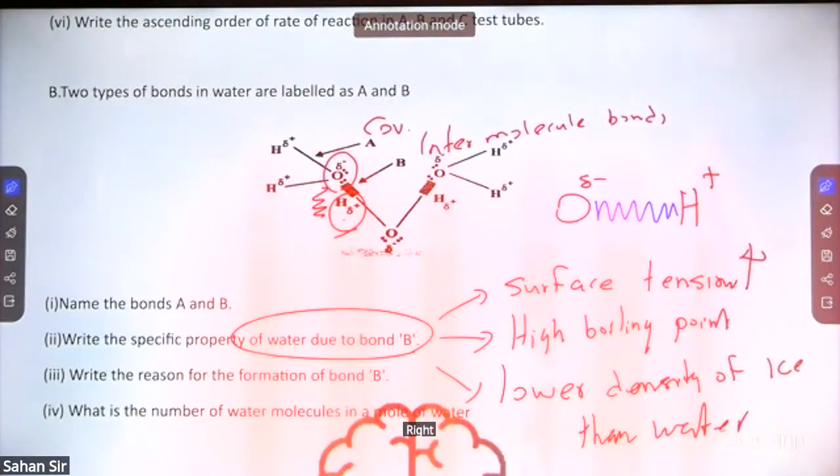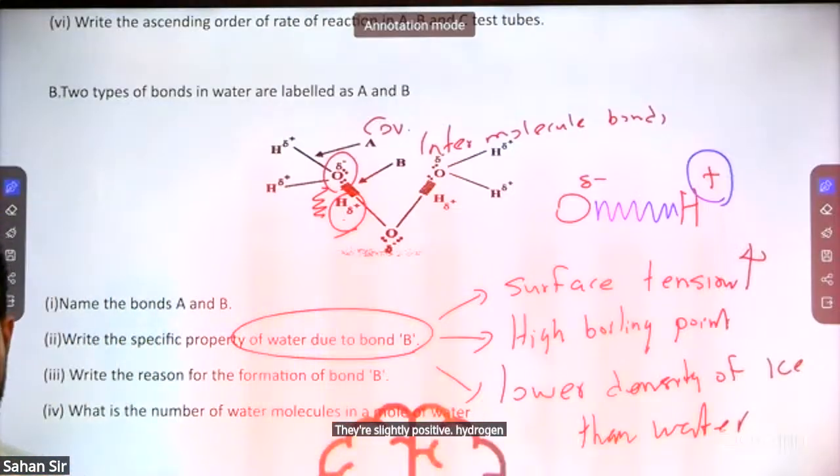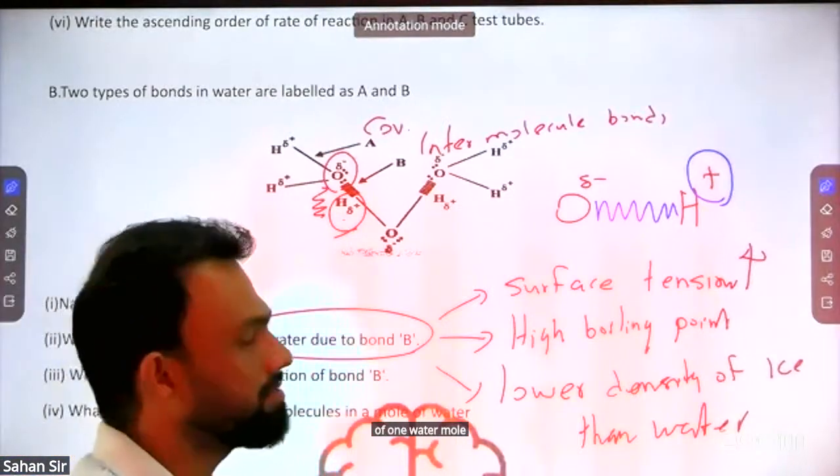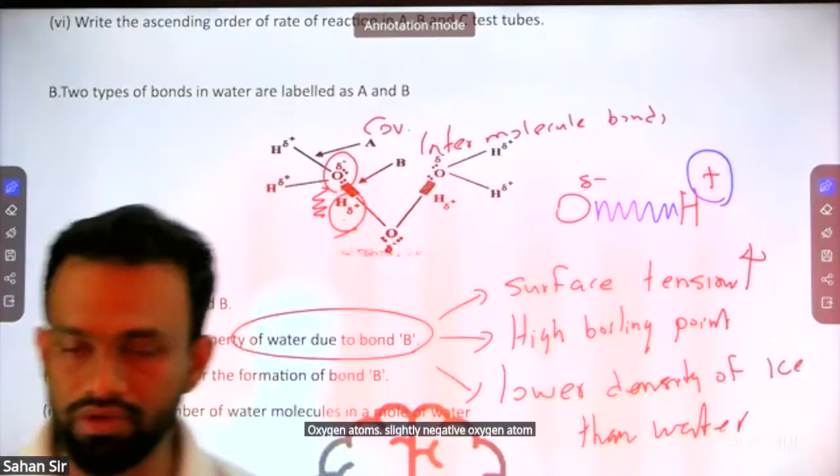Due to the attraction between the slightly positive hydrogen atoms of one water molecule and the slightly negative oxygen atoms in another water molecule.